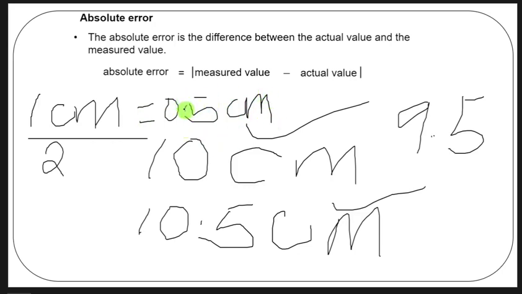If you get this one minus this one, you get this one. Also this one plus this one, you get this one. So we called this one the absolute error.